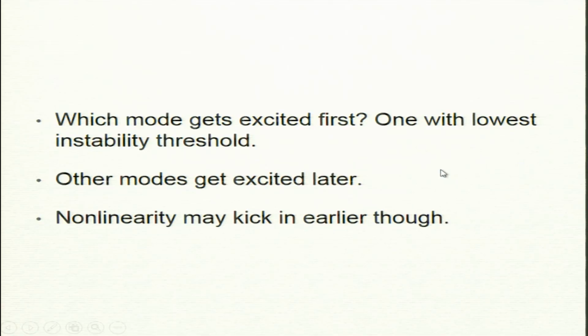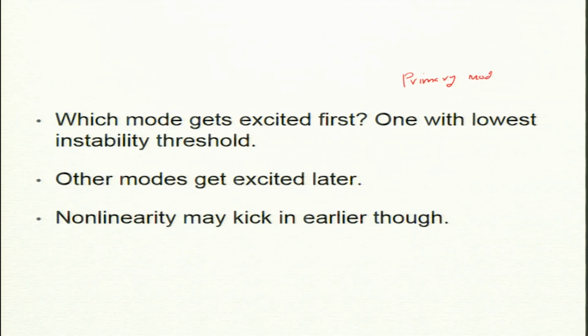So, it kicks in. In fact, first we have the primary mode, and after that we start putting in nonlinearity, it starts growing nonlinearly. So, first make the primary mode the first mode. One word which is used quite often is primary mode. What is the primary mode wave number for Rayleigh Bénard?